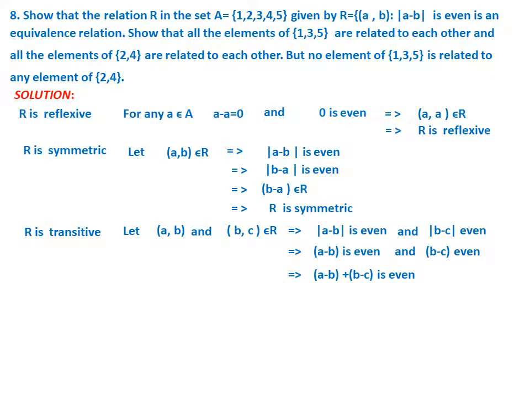Therefore (a - b) + (b - c) is even. Then when you add them, what happens? a - c is even. Whenever a - c is even, definitely mod of that is also even. So |a - c| is also even. So by definition, therefore (a, c) belongs to R. So now check here: (a, b) belongs to R, (b, c) belongs to R implies (a, c) belongs to R. Therefore it is a transitive relation, no doubt.